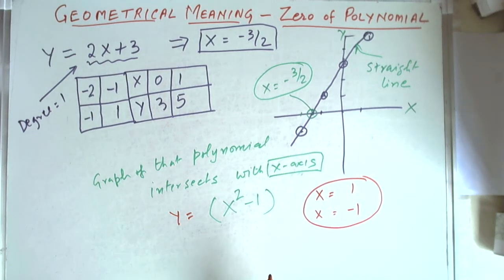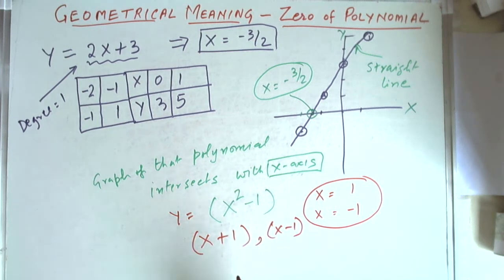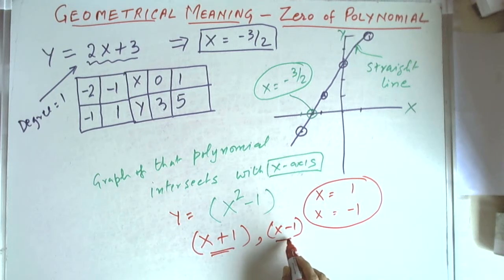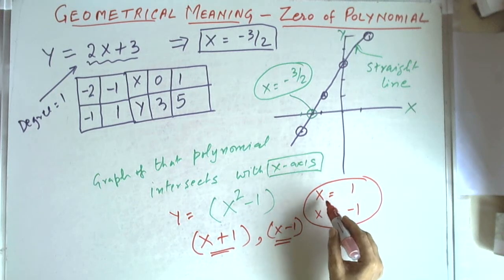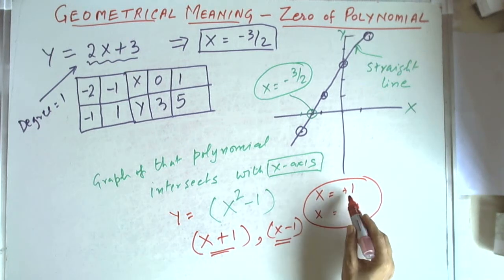So it means this has two values which will result in 0, one is x plus 1 and the other is x minus 1. Both these are zeros of the polynomial, and the values of x are plus 1 and minus 1.